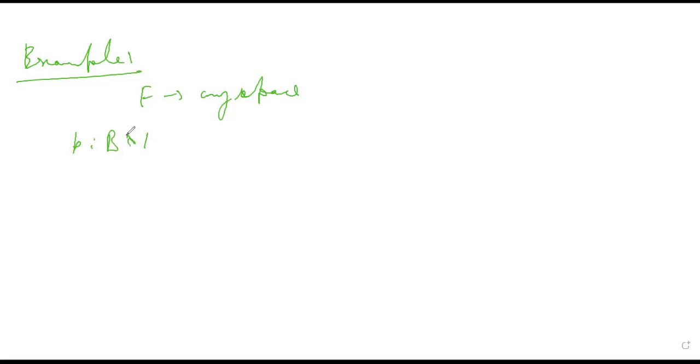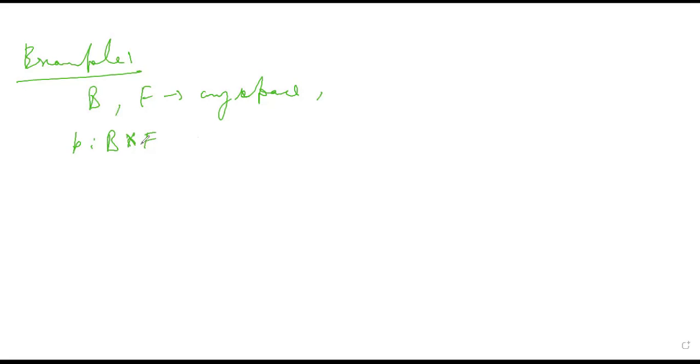Following example: if F is any space, then you can define P from B cross F. B is also any space.